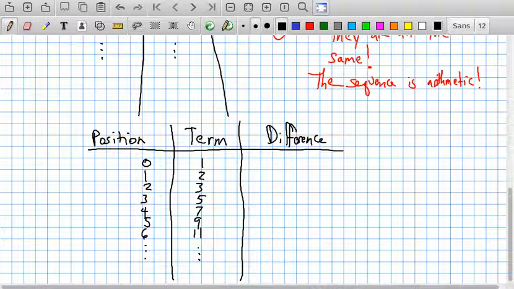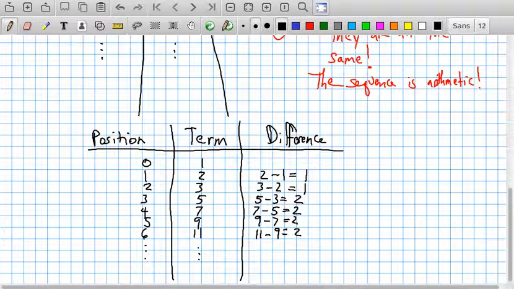So what's the difference between 2 and 1? 2 minus 1 is 1. Okay. What's the difference between 3 and 2? 3 minus 2 is 1. Now let's take the difference between the next two terms. That's 5 minus 3. 5 minus 3 is 2. Let's see, 7 minus 5 is 2. 9 minus 7 is 2. 11 minus 9 is 2.